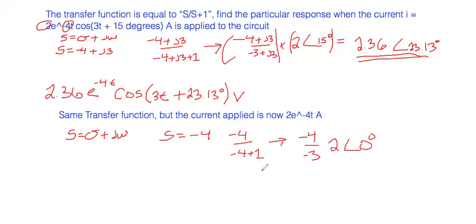So this yields 8/3 e to the negative 4t. I kind of skipped a step here, but you can see negative 4 divided by negative 3 times 2 angle 0 comes out to be 8/3, and then I just put it back to the original equation. So now we have 8 divided by 3 e to the negative 4t.